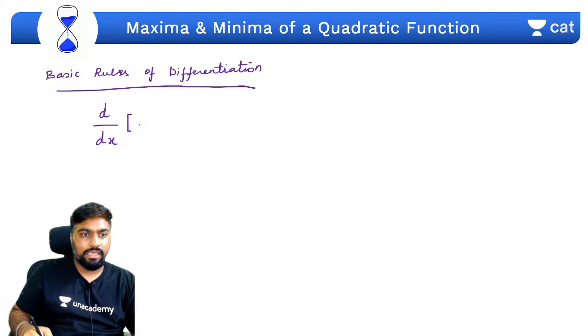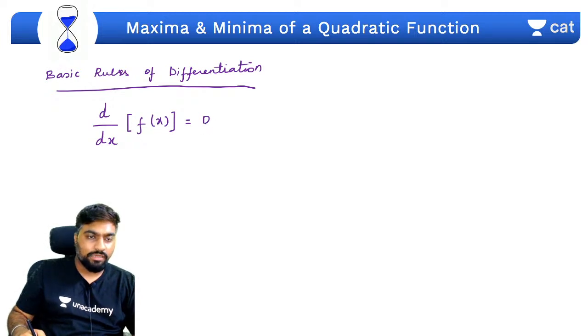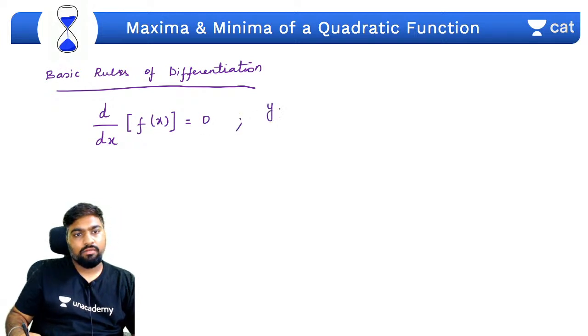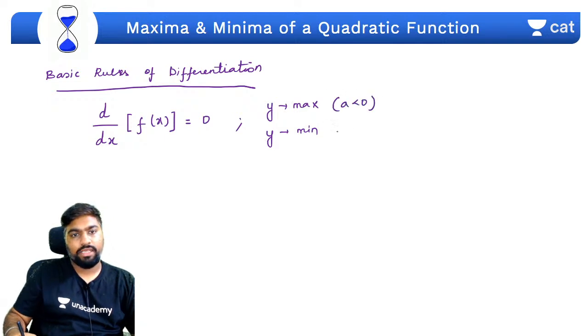So d by dx of the given function, when you equate it to 0, you will get y max or y min. You will get y max when a is less than 0, you will get y minimum when a is greater than 0. Understood?